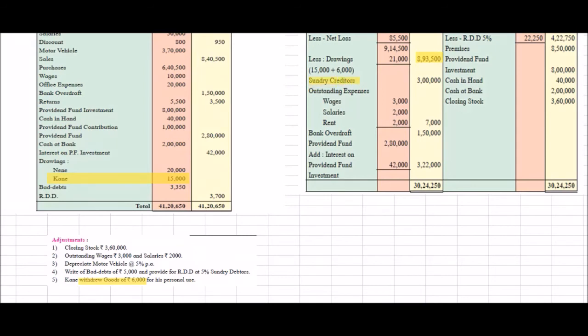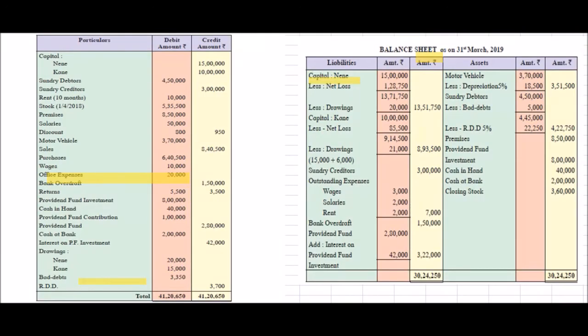So next is sundry creditors. The sundry creditors amount is 3 lakhs rupees. I have taken it here in the outer column only. There is no adjustment for the sundry creditors. Next is outstanding expenses.